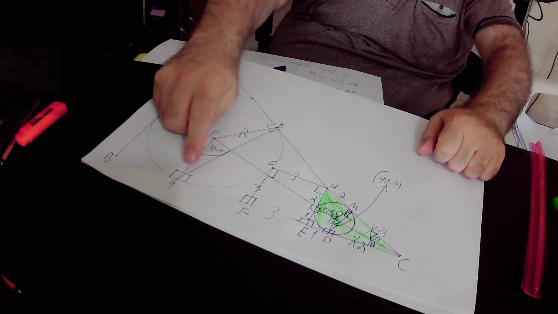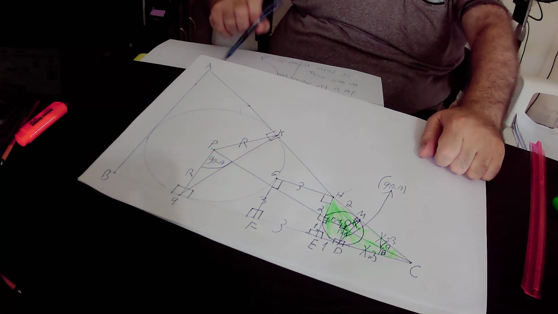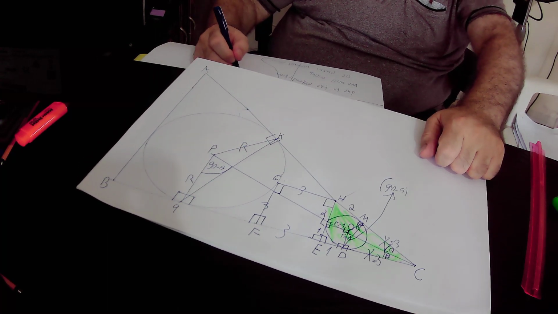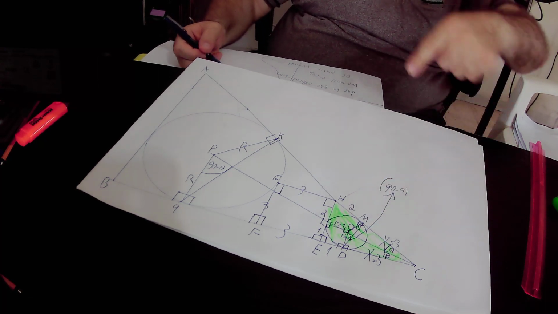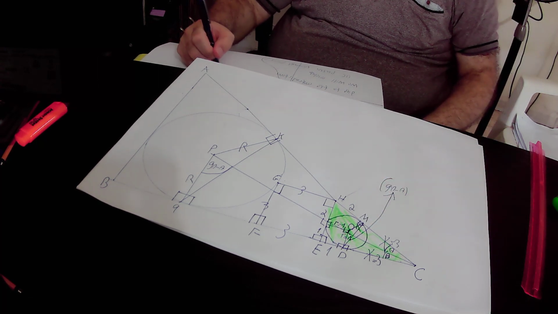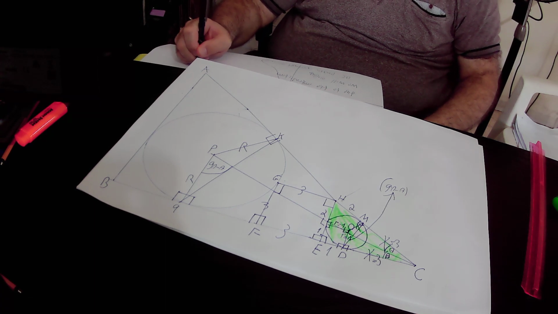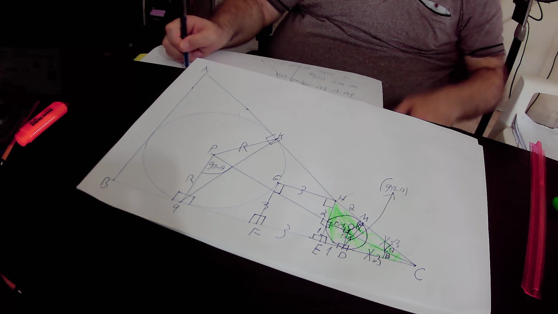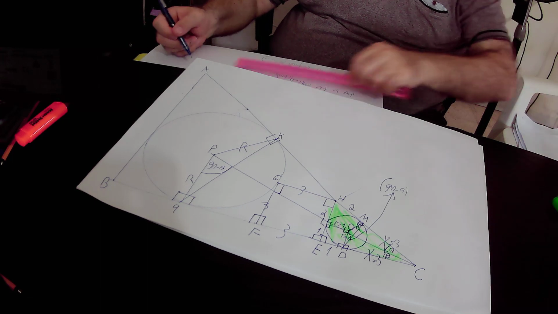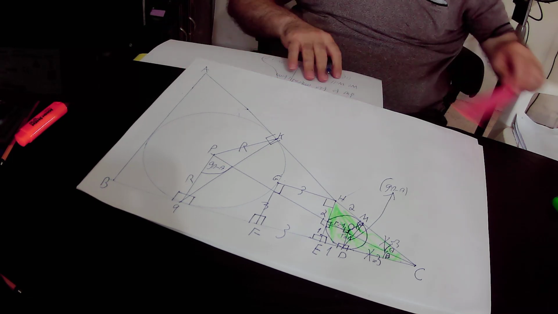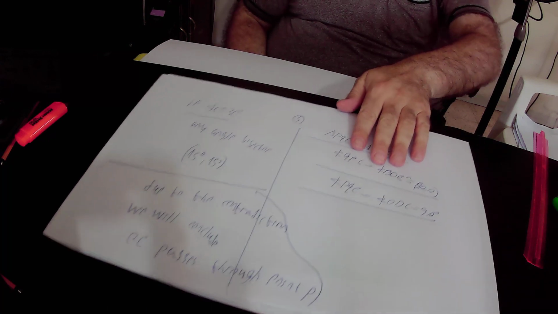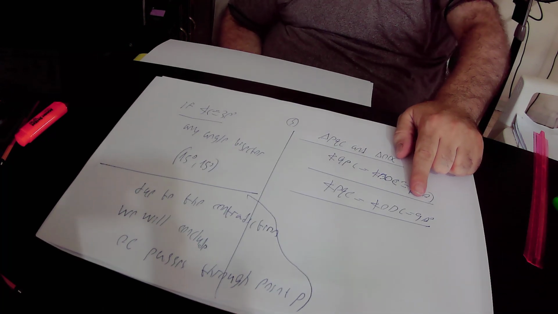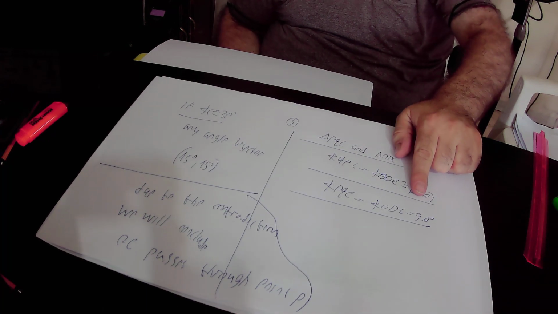So this angle, angle PQC in the big right triangle, is equal to this angle, that is actually angle ODC. I'll repeat again, angle PQC equals angle ODC. They are both equal to 90 degrees, therefore they are equal to each other.